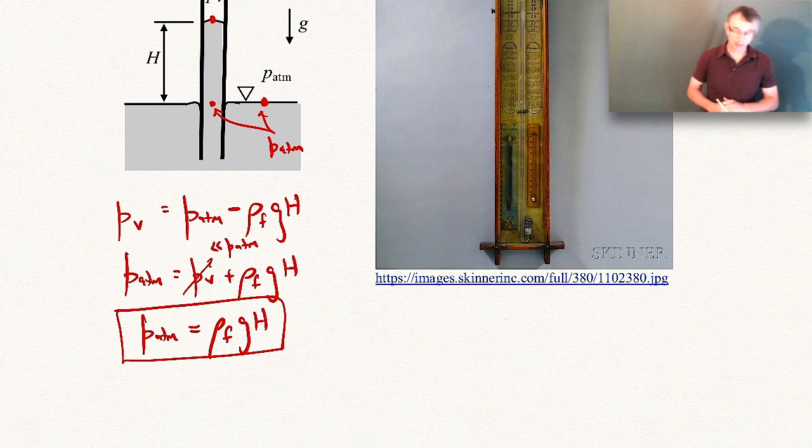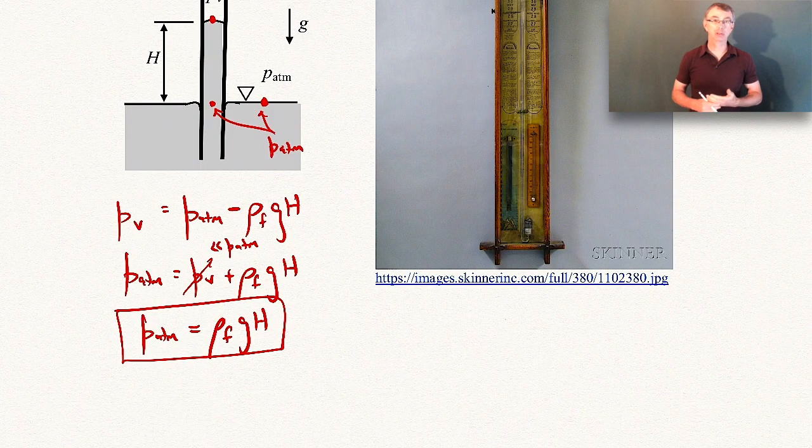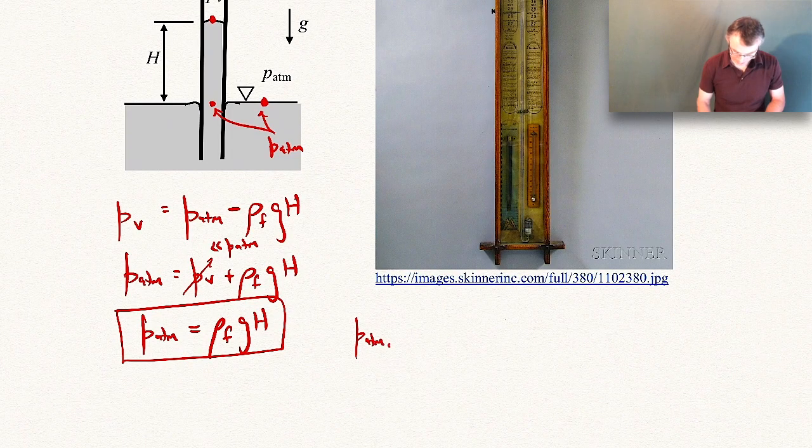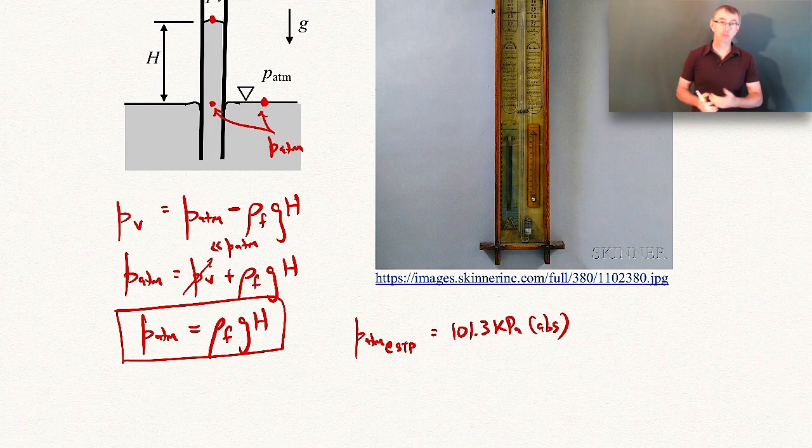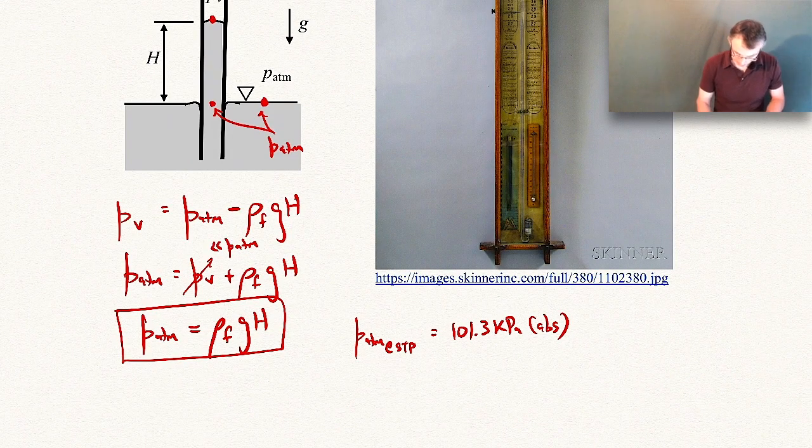Let me now talk a little bit about why mercury is most commonly used in barometers. We know that the atmospheric pressure at standard temperature and pressure is 101.3 kilopascals absolute. So let's work our way backwards to find out what the height of a column of mercury would be corresponding to that pressure. We know the density of mercury is about 13,600 kilograms per cubic meter.